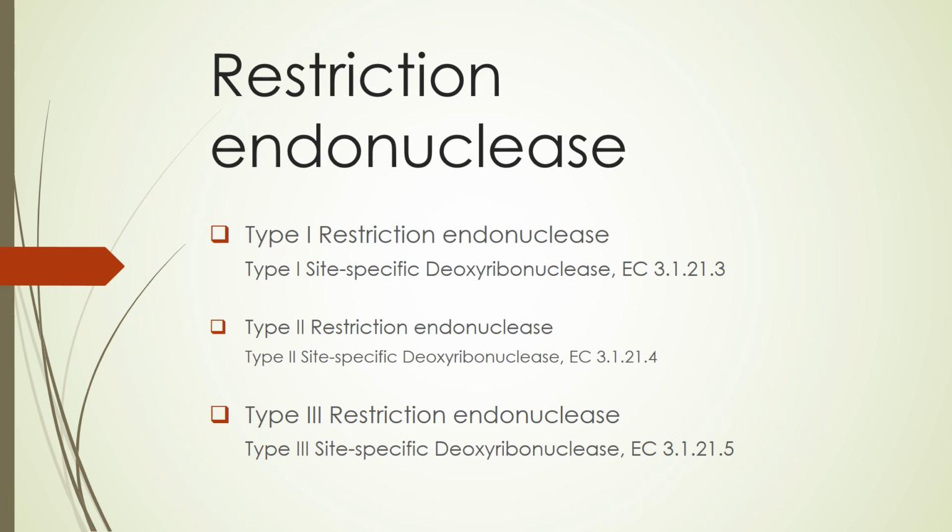This system generally consists of two enzymatic activities. Number one is the site-specific restriction endonuclease that is responsible for digesting exogenous DNA, and the next one is the DNA modification, also known as methylases or methyltransferase, with identical sequence specificity.